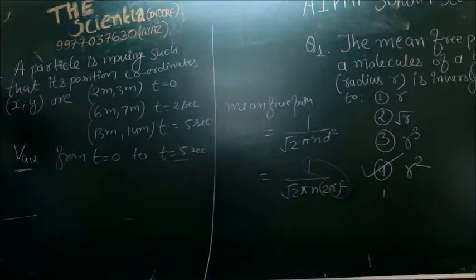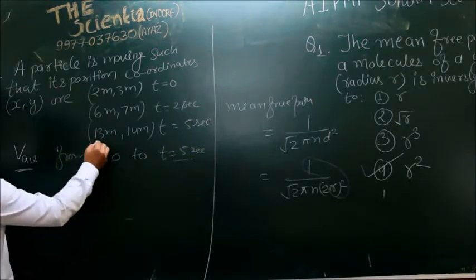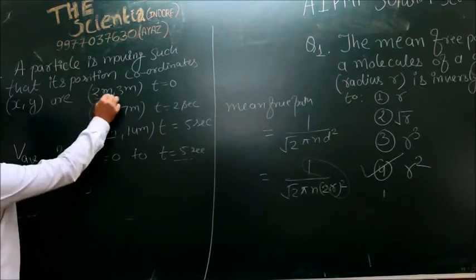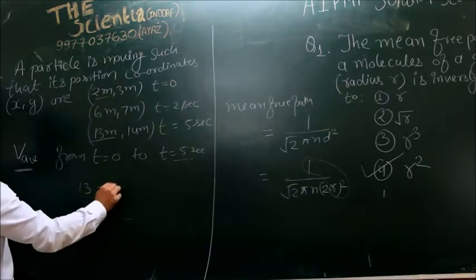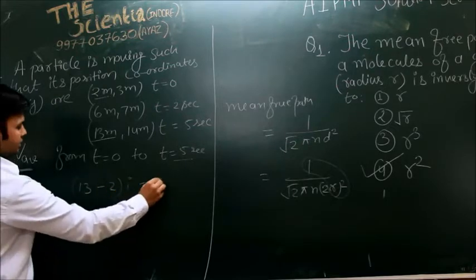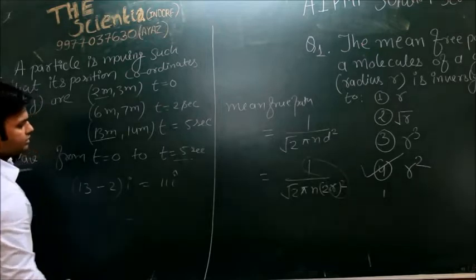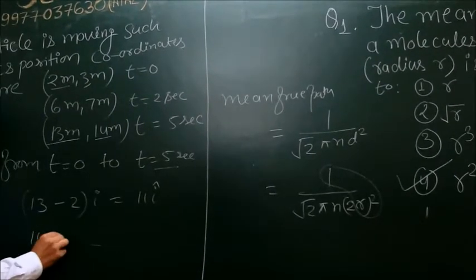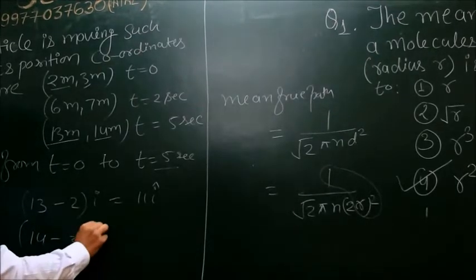That means average velocity is total displacement upon total time. So on the x-axis, the final position is 13 meter and the initial position is 2 meter, so on the x-axis it will become 11 meter. And on the y-axis, 14 meter and 3 meter, so 14 minus 3 is 11 j cap.